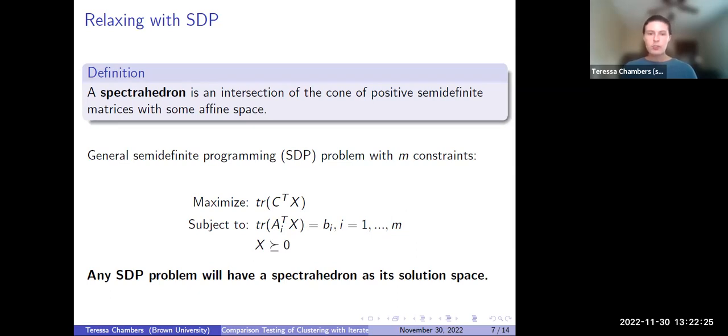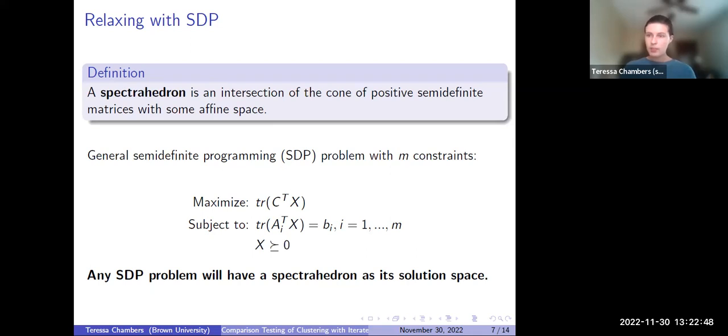The thing about semi-definite programming problems, without digging too deep into the specifics of how that would actually work, is that any semi-definite programming problem will have a spectrahedron as its solution space. And in fact, any spectrahedron is the solution space for some semi-definite programming problem.